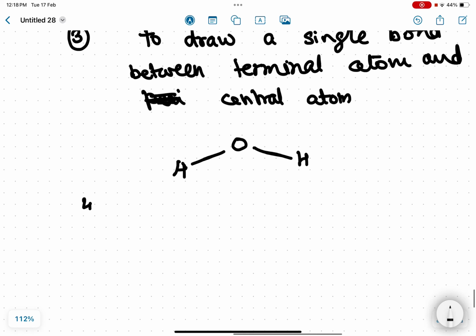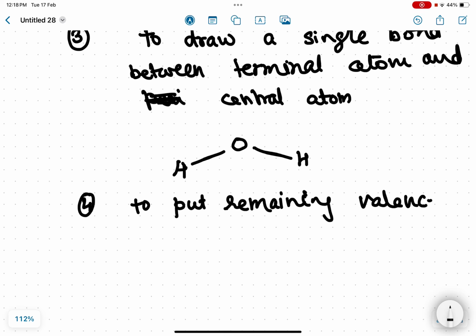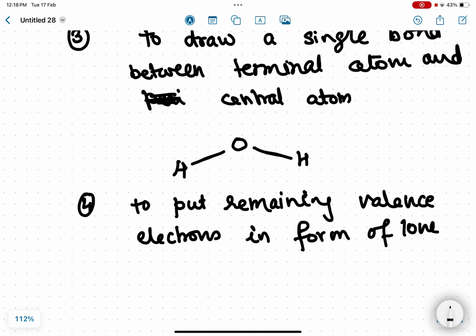Now the fourth step is to put the remaining valence electrons in the form of lone pairs on the combining or contributing atoms.